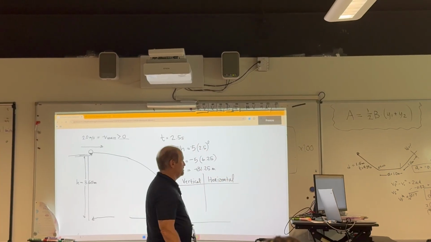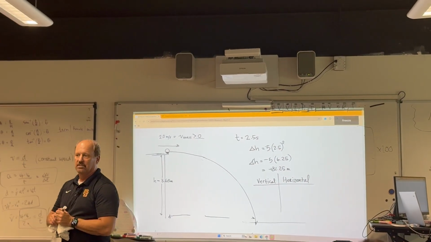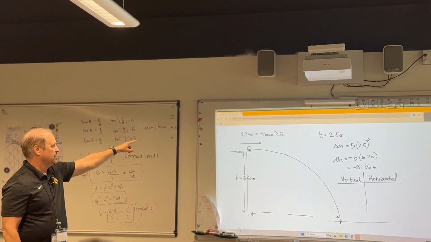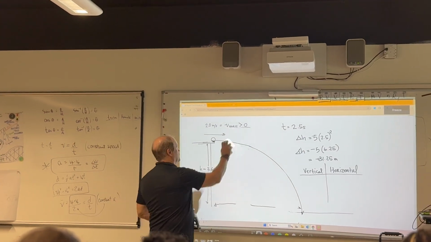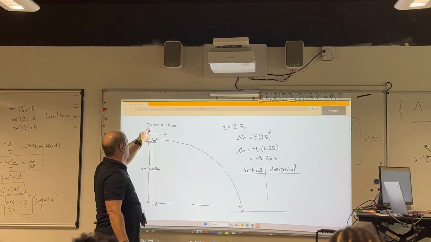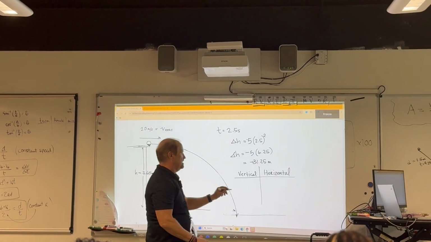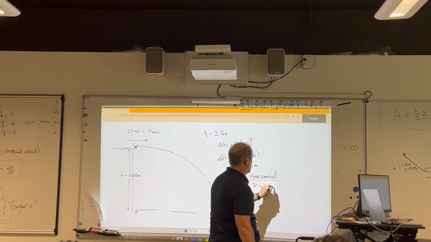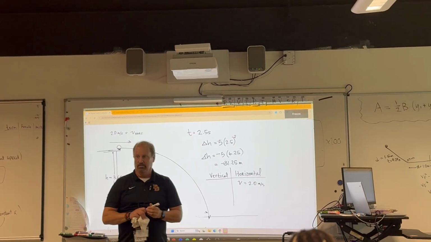So horizontally, what is happening? It's going what? 2 meters per second. So the velocity is constant, 2 meters per second.